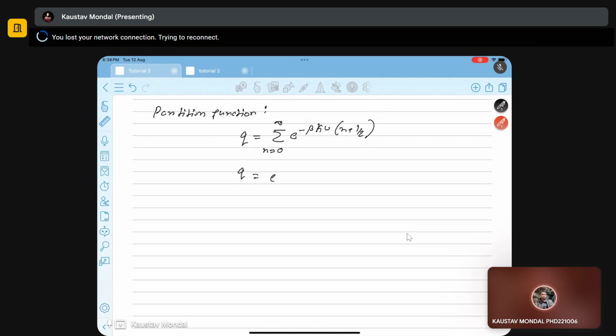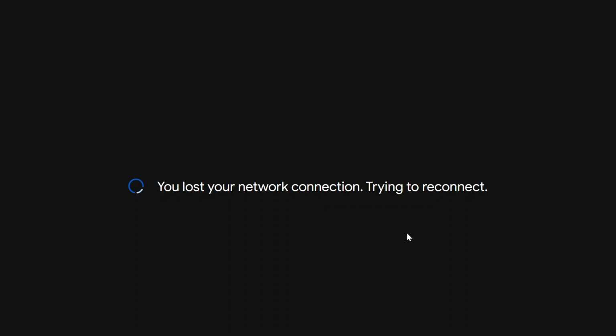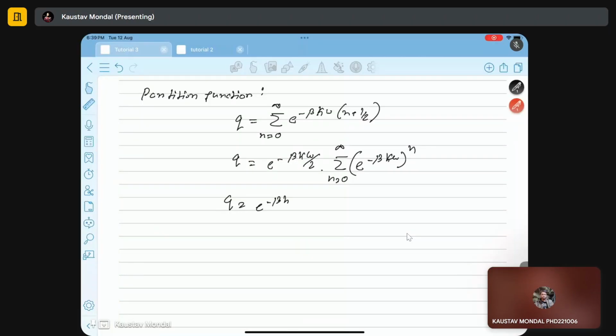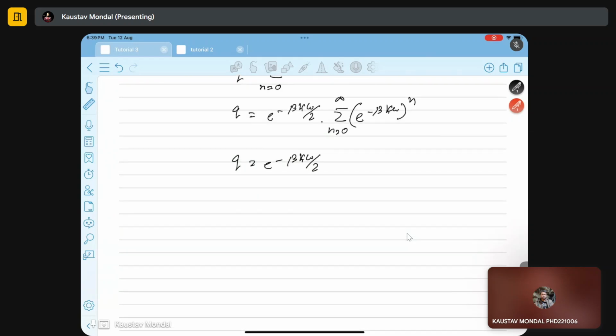So q would be e to the power beta h-bar omega by 2 times the summation n equal to 0 to infinity of e to the power beta h-bar omega to the power n.